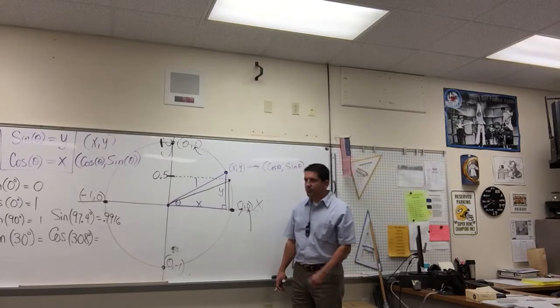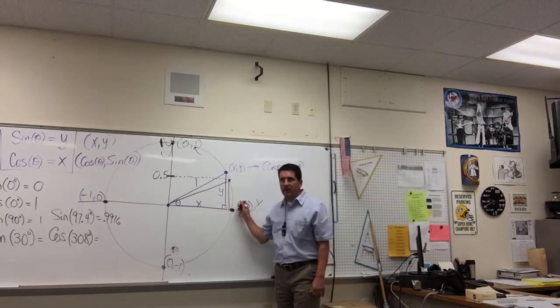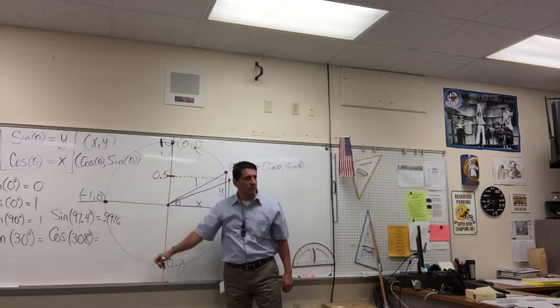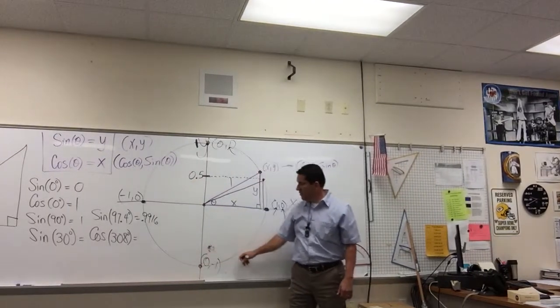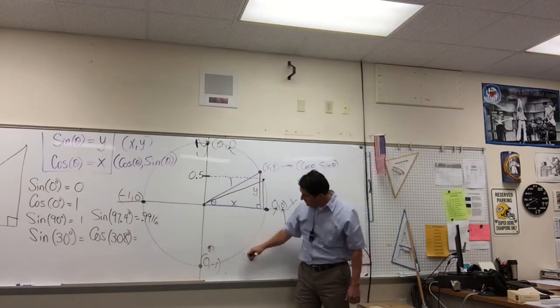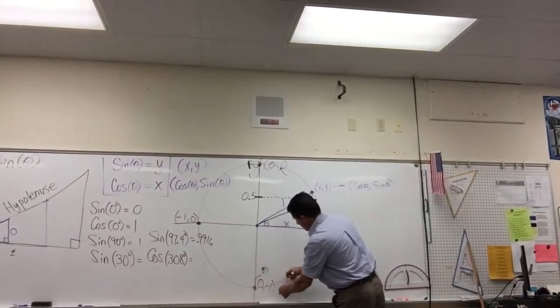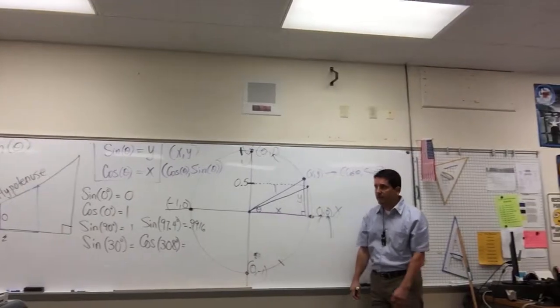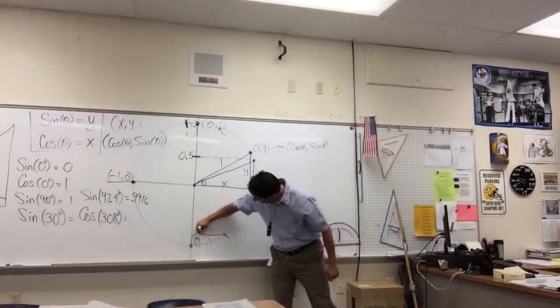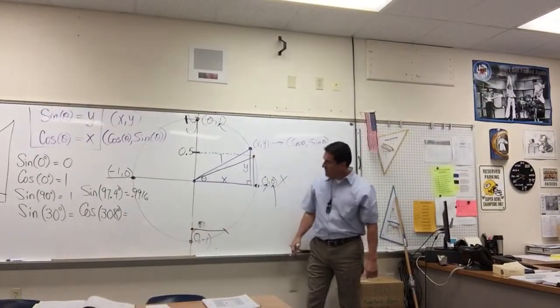Where's 308? You start here, right? You go all the way around. This is 270. And then we go past that, 38 degrees, a little bit more than that. About right here. I don't know, just approximate it right about here. I go across here. What would you guess?